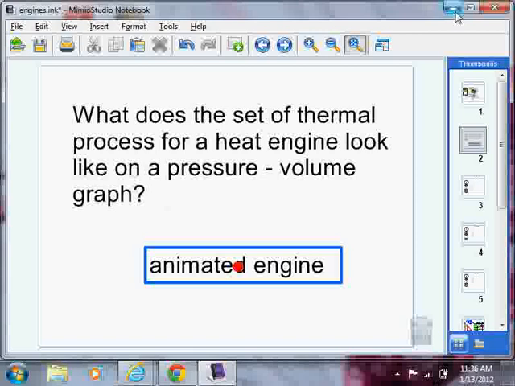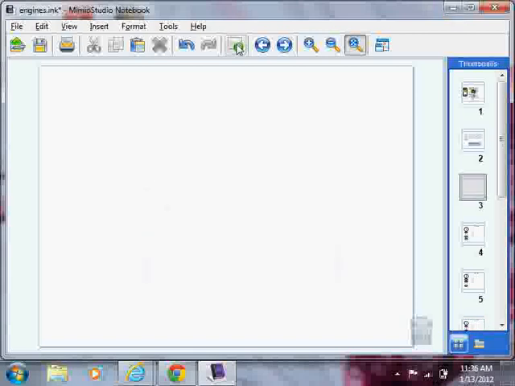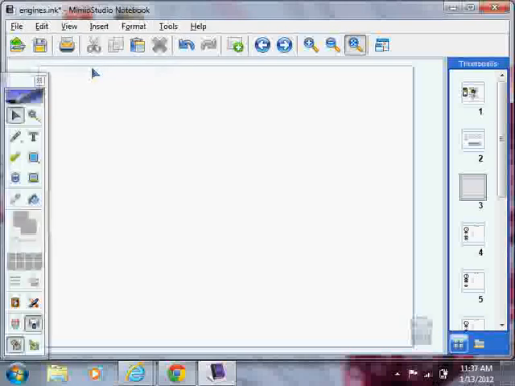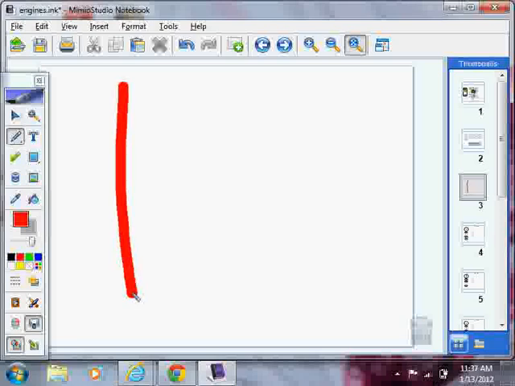So, do you know how the engine we just saw goes through a complete cycle and then it starts over again and goes through the same thing over again, yes? Well, on a PV graph, ladies and gentlemen, it basically is going to look something like this.